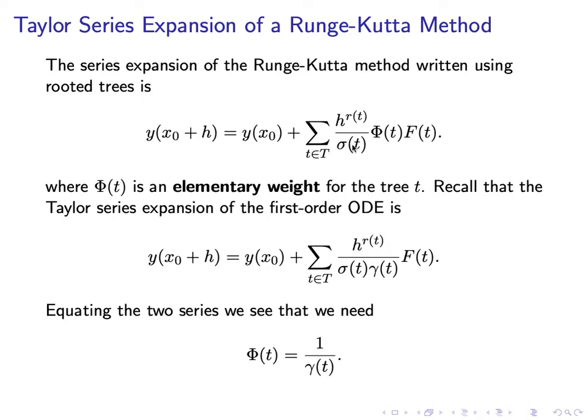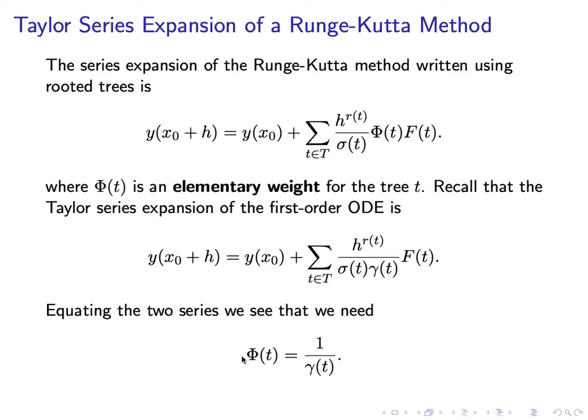If we equate these two, we can see that if phi of t is equal to 1 over gamma of t, these two are equivalent. So what this means is, let's say we're going to derive a second order Runge-Kutta method. We have the set of all rooted trees up to and including order 2. We know what their density is. For each tree we have 1 over the density, and for each tree we also have an elementary weight.